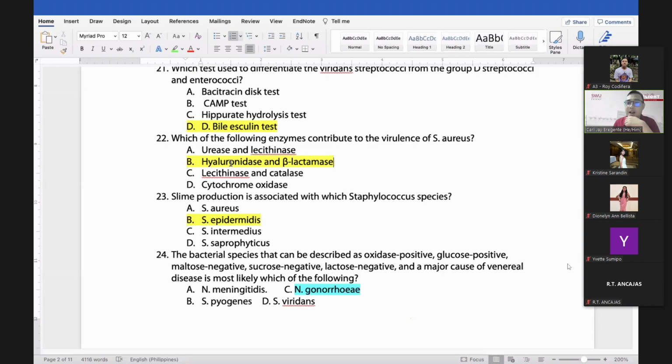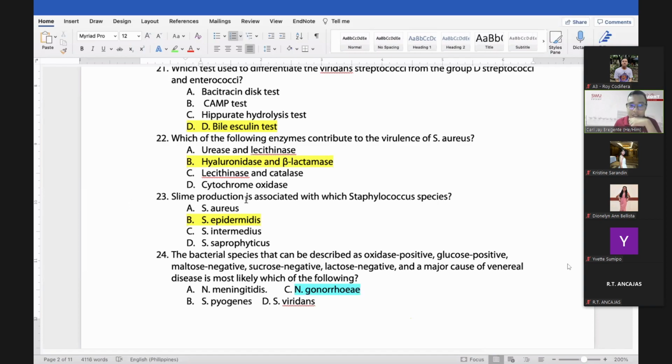So they are capable of resisting any beta-lactam drugs. So penicillin cannot be the treatment of choice if the Staph aureus is MRSA.